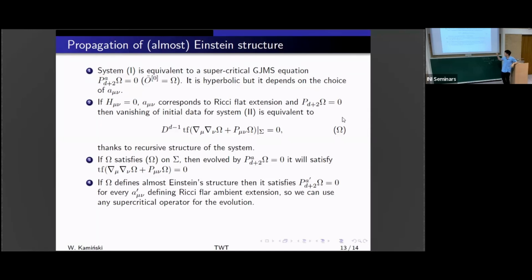However, if the solution additionally defines an almost Einstein structure, then this omega satisfies this P_A for any A. That means that we can use any A for the development of omega, and whatever A we choose, it will give the same result. But this we know only after. Once we know that it's the almost Einstein structure, we check that we can use any.